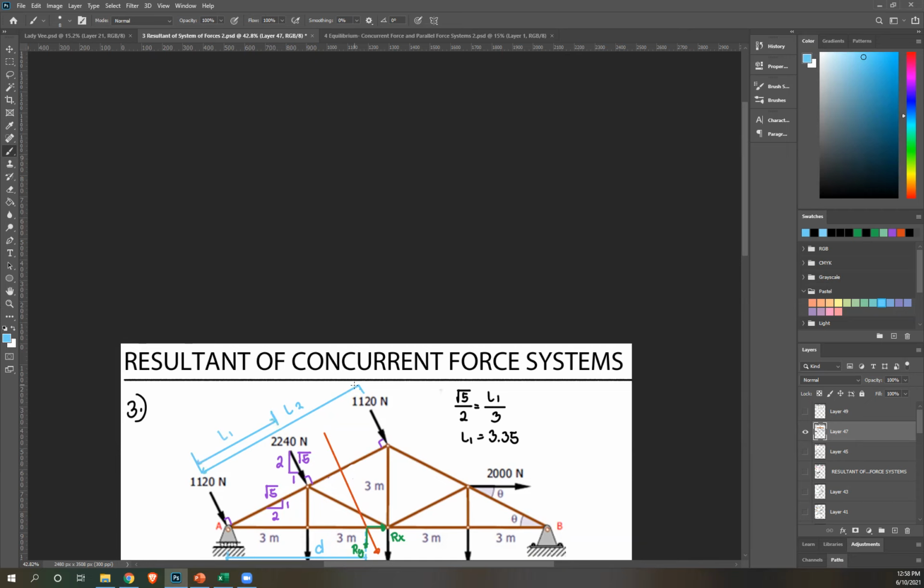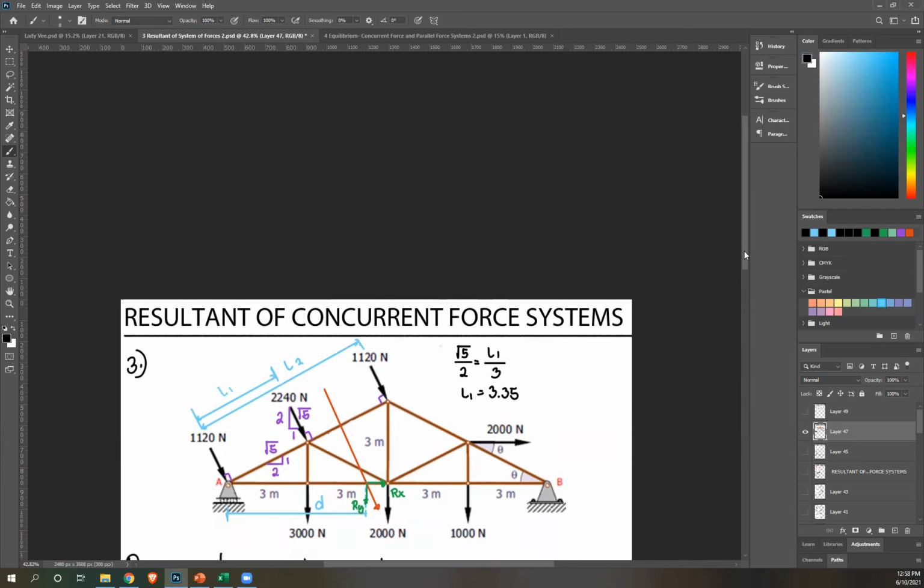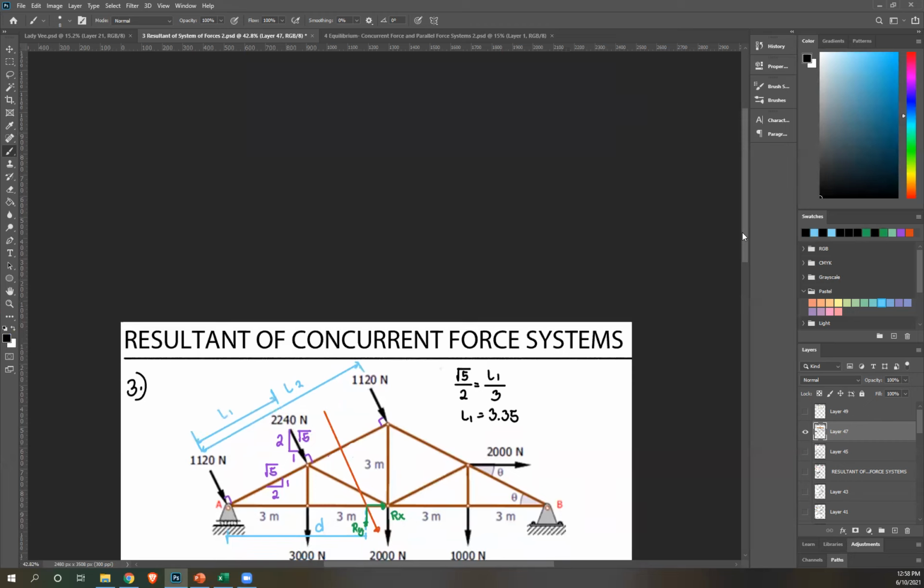Once again, square root of 5 over 2 for the slope equals L2 over the total base, 6. So L2 equals 3.35 times 2, and that's just 3 square root of 5.